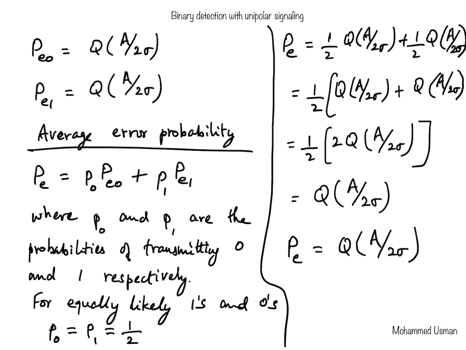And we will do a similar analysis to find the average error probability for polar signaling. And in order to be able to compare our analysis for unipolar and polar, even in the polar case, we will ensure that the level separation that we choose between the voltage level for 0 and the voltage level for 1 is the same A. Okay, so we will discuss that in the next video.